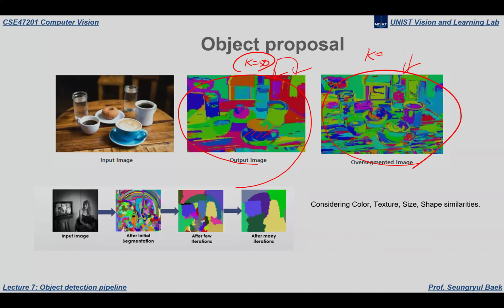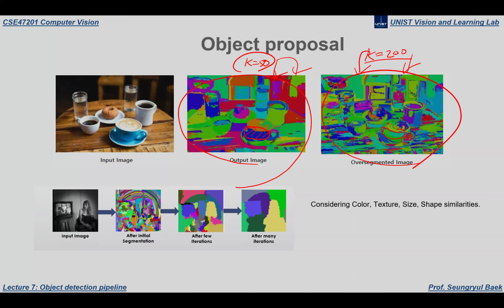But if we set k equal to 200 and run k-means clustering, it may look like this. So we cannot control their density, and the same object regions may have a different number of clusters depending on this hyperparameter.